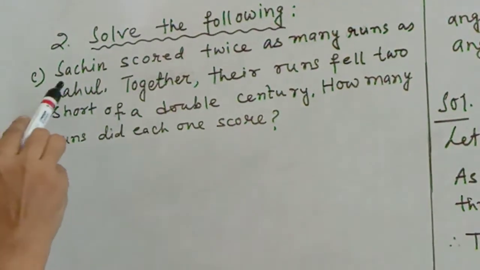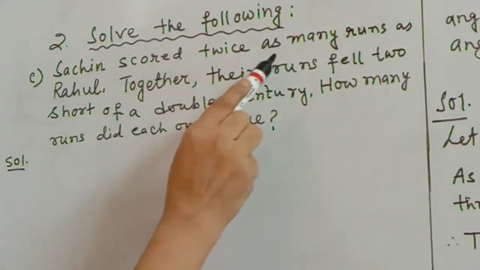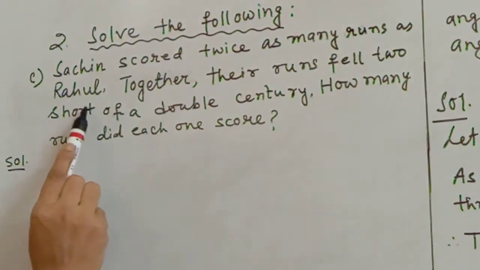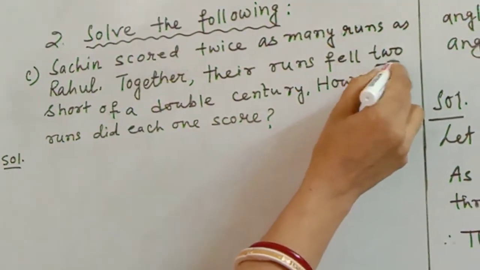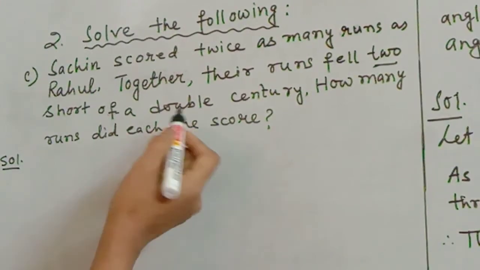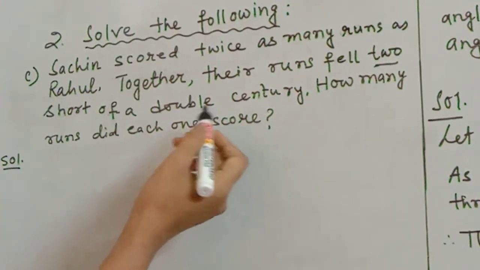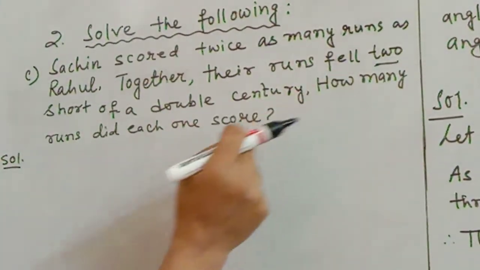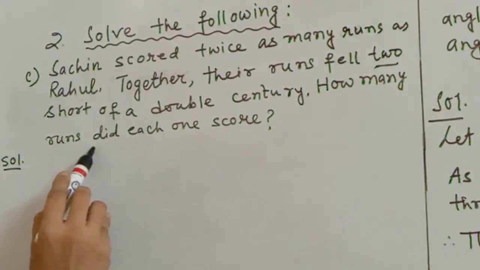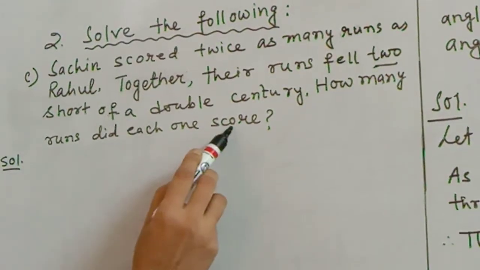Question number C. Sachin scored twice as many runs as Rahul. Together their runs fell 2 short of a double century. Century means 100, double century means 200. 2 short means 200 minus 2. How many runs did each one score?